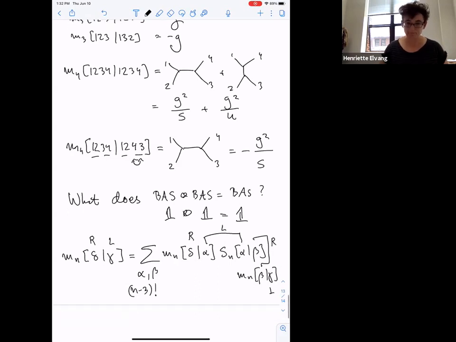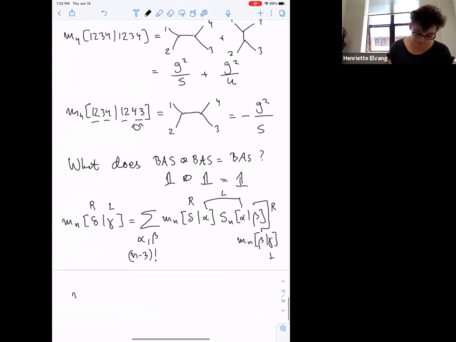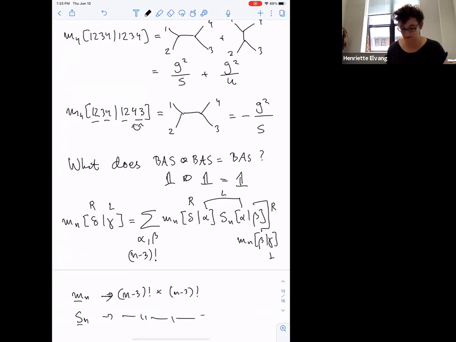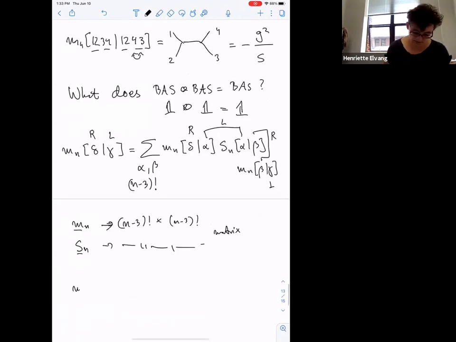Okay? So that's why there was that flip in left and right for the biadjoint scalar model to match up with the double copy. Now this looks exactly like matrix multiplication. So in fact, if we let Mn with an underline denote an n minus 3 factorial times n minus 3 factorial submatrix, and I let Sn similarly denote an n minus 3 factorial times n minus 3 factorial submatrix, then that whole equation says that Mn is equal to Mn multiplied as a matrix with the kernel times Mn.